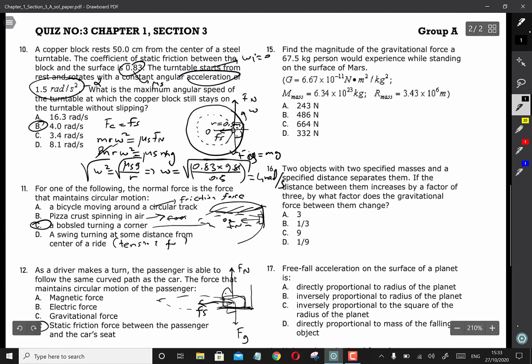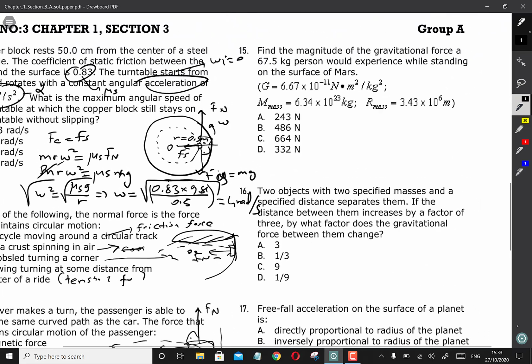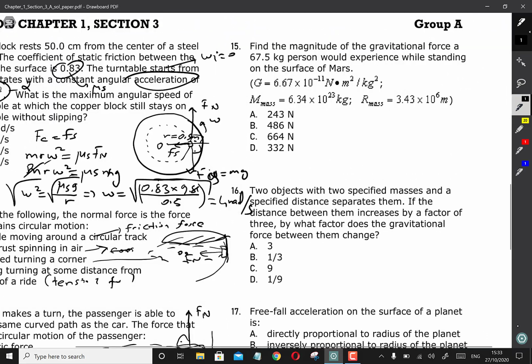And question number 15. Find the magnitude of gravitational force a 67.5 kilogram person would experience while standing on the surface of Mars. So this is about Mars. Here is Mars, the center of Mars, the mass of Mars, and a man is standing somewhere in here on the surface.